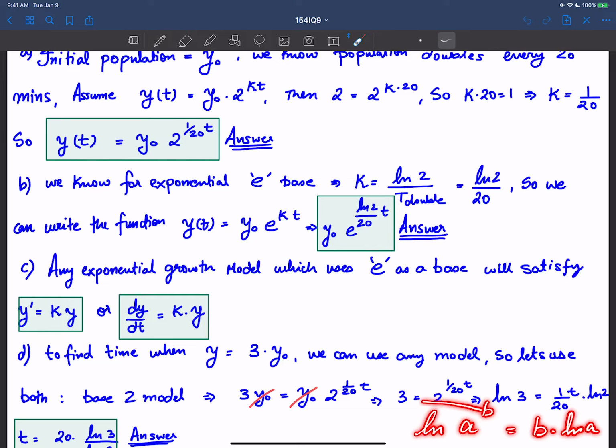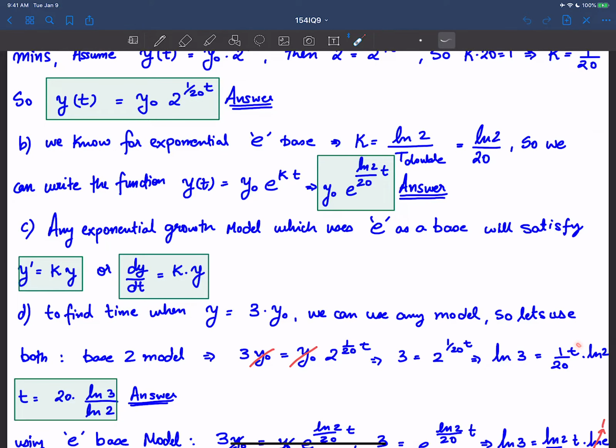So when you take ln of 2 to the power of that, you can bring the exponent down and write it as 1 over 20 times t times ln of 2. From there, if you isolate for t, dividing the whole equation by ln 2 over 20, you're going to get this expression. Rearranging and isolating for t will get you this answer.